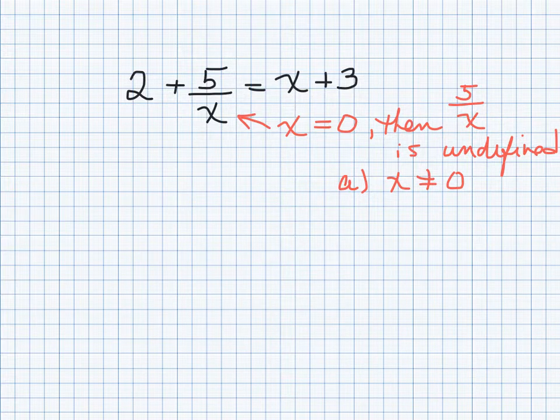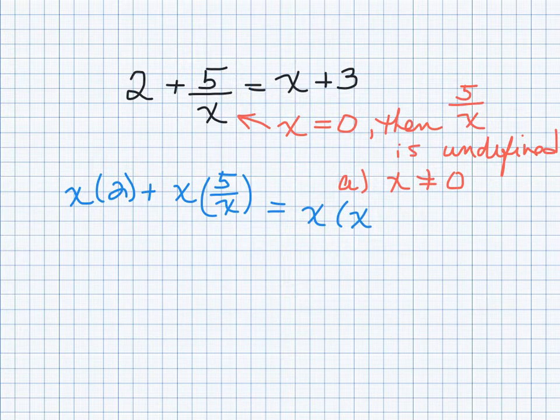So when we do that, we're going to multiply every term in this entire equation by x, which means we're going to take x times 2, plus x times 5 over x, and that's equal to x times x plus x times 3. And of course, x times 2 is 2x.